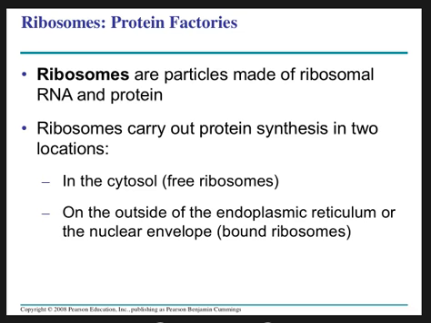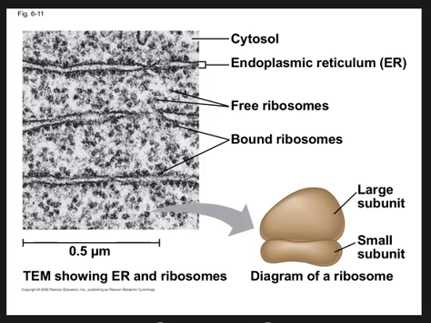I want you just to think of them as little workstations, like a workbench or a workstation for building a protein. They're made up of small and large subunits. We'll go into how those come together when we get to translation much later in the semester. But again, these are ribosomes. They're made up of ribosomal RNA and protein, and they are the workstation or the workbench, if you will, for the production of proteins.